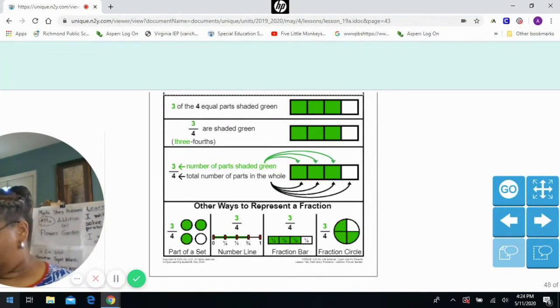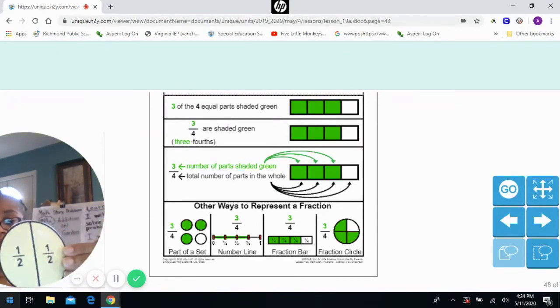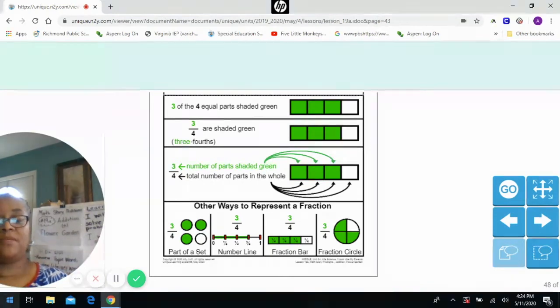Let's cut it in half. We have the 1/2 here. Okay, we have 2 parts, 1, 2, and we cut it in half, and that will make how many pieces now?